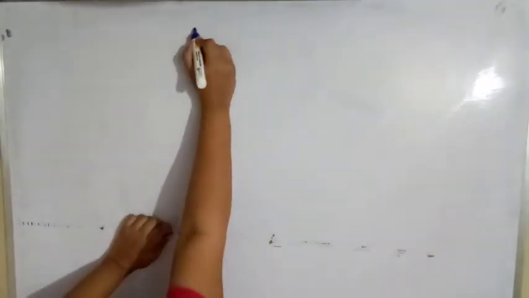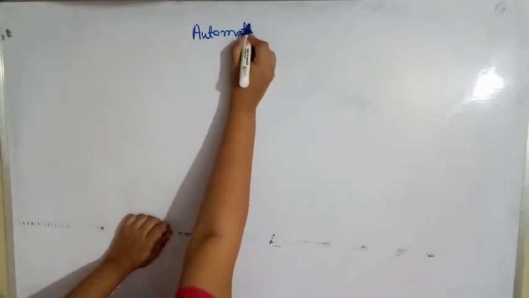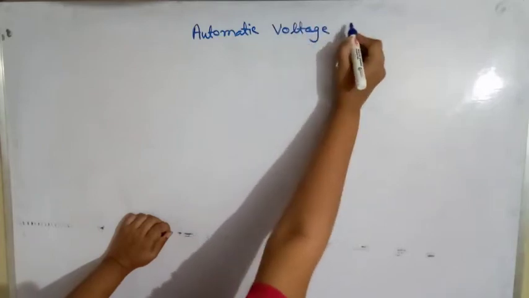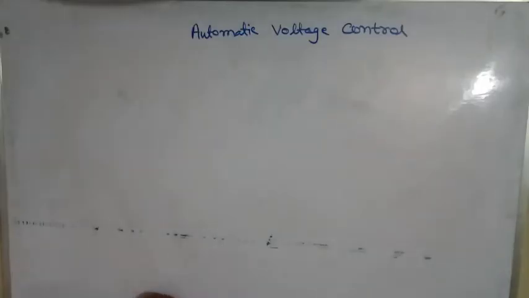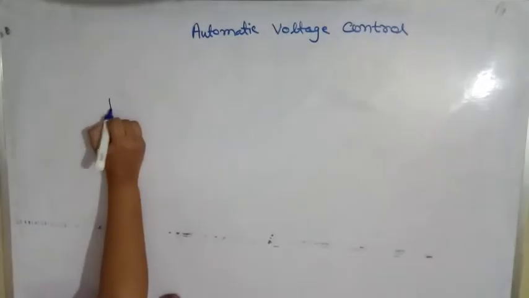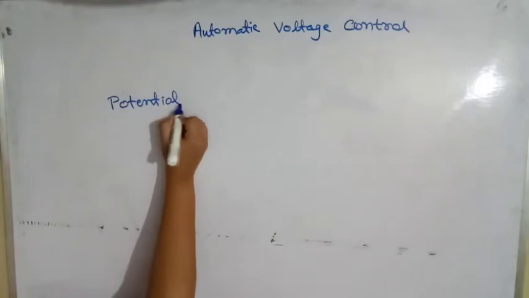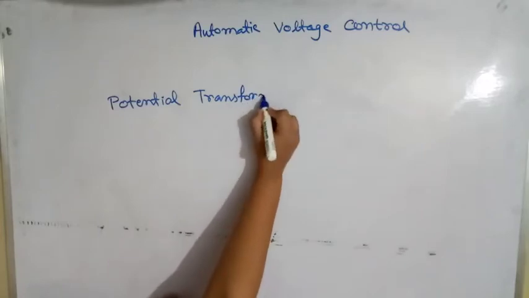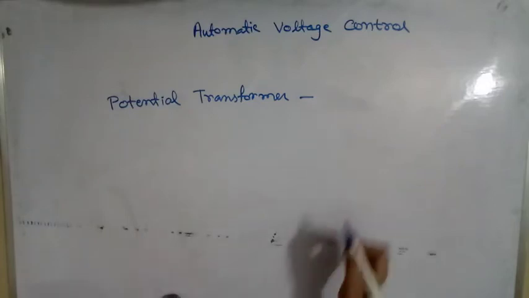In this video I will discuss automatic voltage control. First, the potential transformer. It gives a sample of the terminal voltage VT.